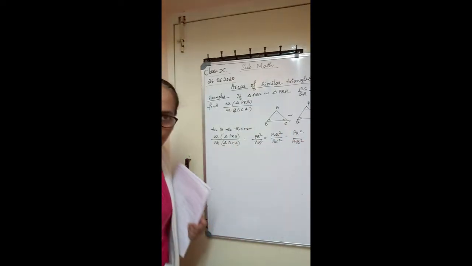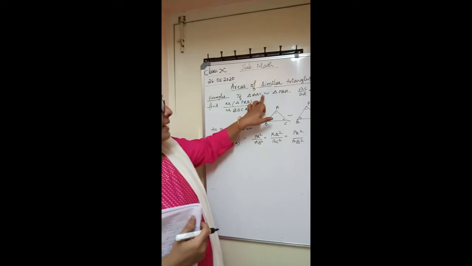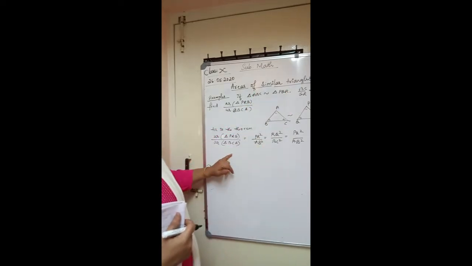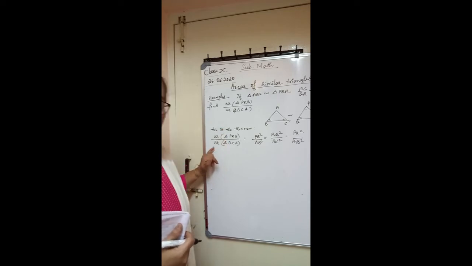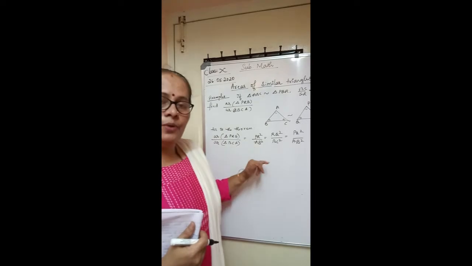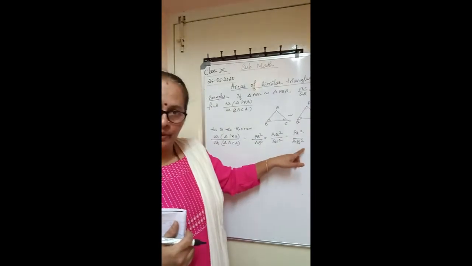So according to the theorem, when triangle ABC is similar to PQR, then the ratio of the areas of two similar triangles is equal to the ratio of the squares of their corresponding sides.